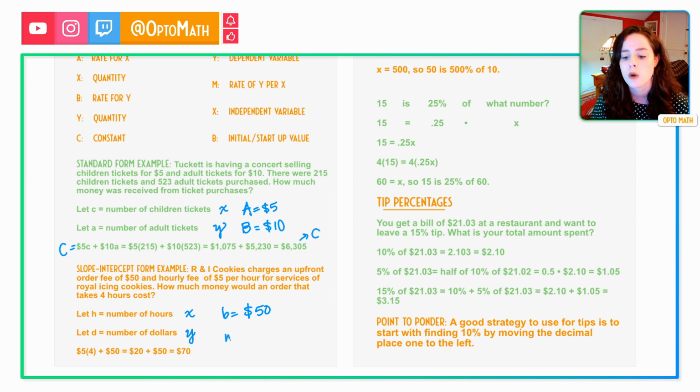And our slope, or our rate for our X, is going to be $5 because that's $5 per hour. And so we have the number of hours. So this is like our 5x plus 50, or mx plus b. And the y is what we're finding, which is going to end up being 70 here. So 5 times 4, so $5 per 4 hours, plus 50 to start up is 20 plus 50, which is 70.